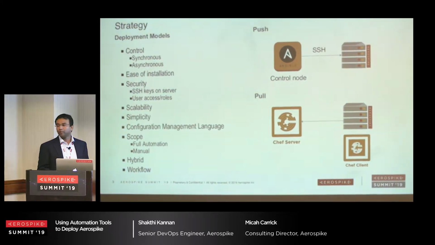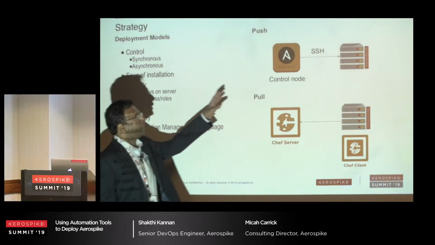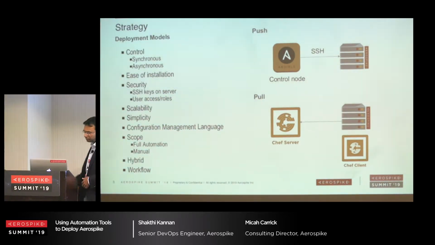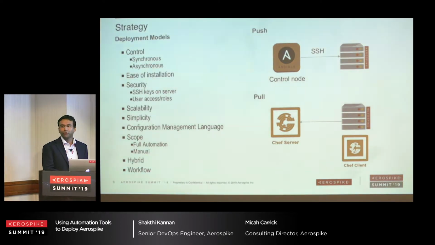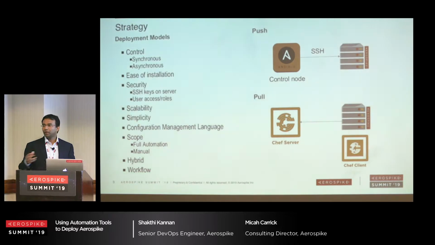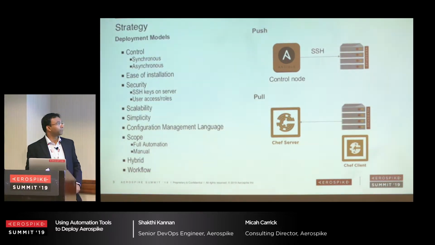But you can also use hybrid approaches. For example, you can use a push setup for provisioning your machines, and then you can use a pull setup for the configuration. Of course, it also depends on the teams and the workflows that you have. Some enterprises have separate DevOps and NOC teams, so it depends on what they are comfortable with as well.